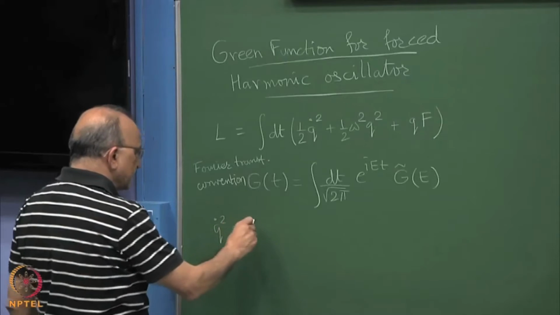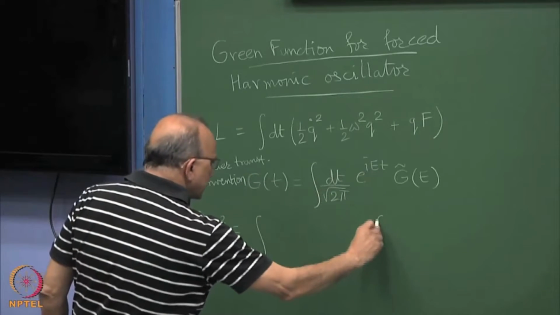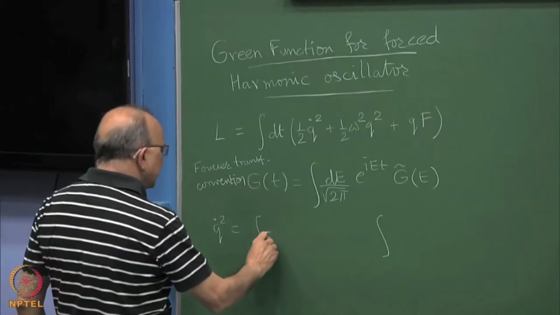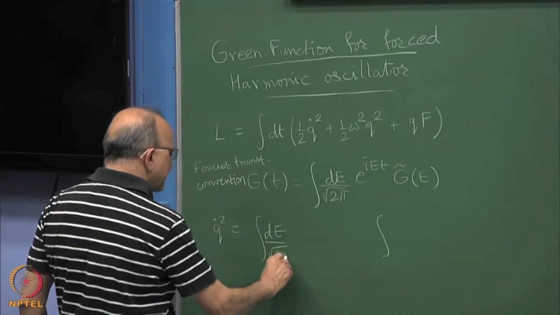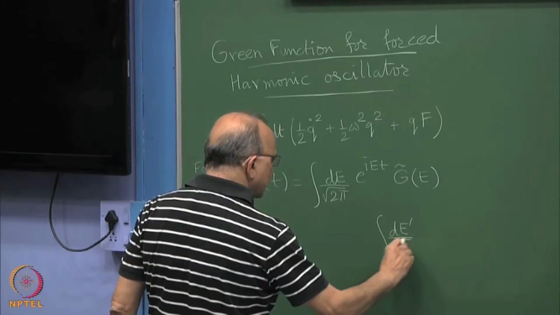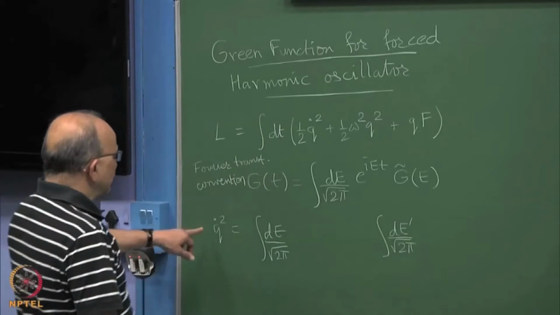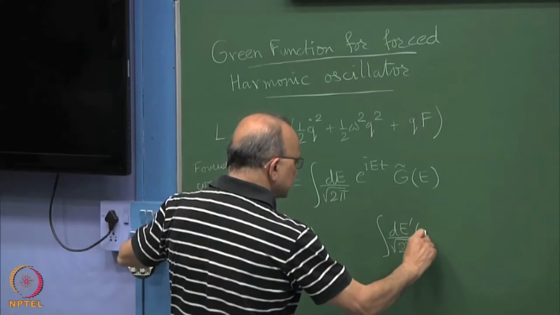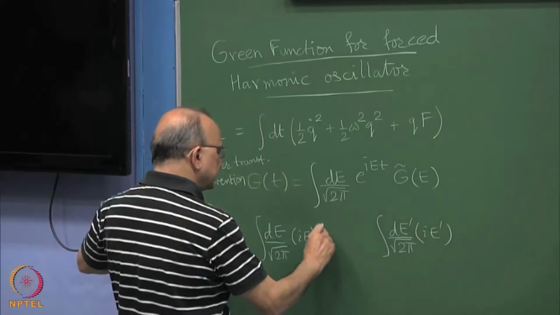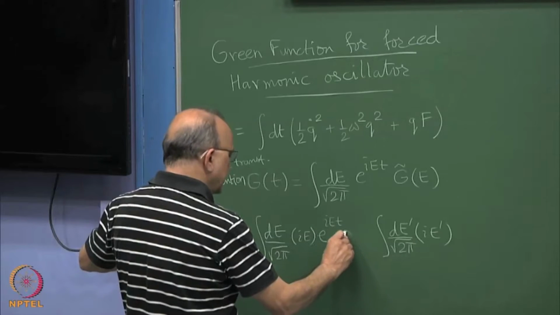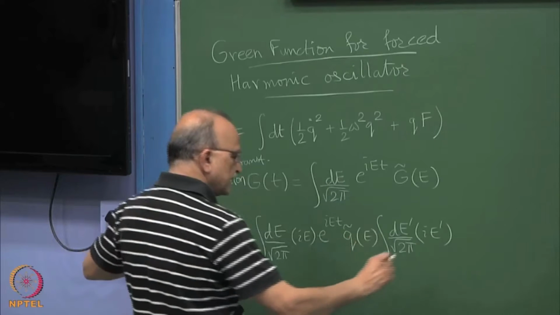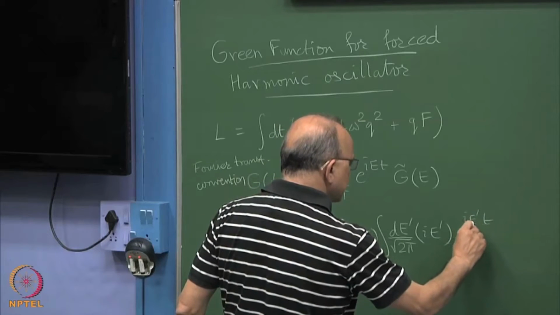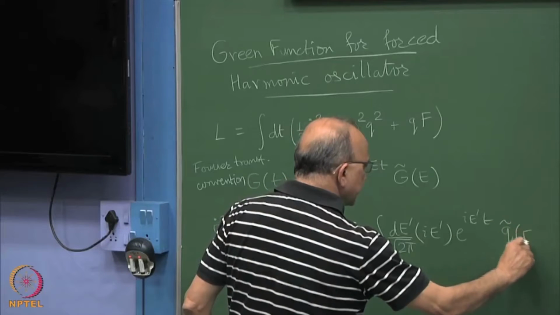If you carry out this exercise, all you have to do is take this expression twice, so we will have dE prime, and because you differentiate you get an iE down, times q tilde of E and here e raised to iE prime t, q tilde of E prime.